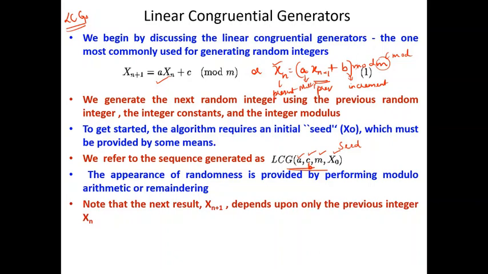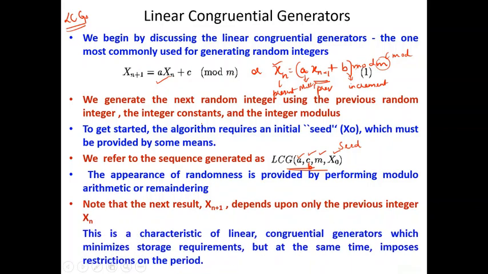Also, remember that the next random number always depends on its previous value, which may be the present random number. If xn is the present, xn plus 1 will be the next. So the next one depends on the present one, which depends on the previous. This is how we do the random number generators. This is an important characteristic of linear congruential generators with minimum storage requirements.